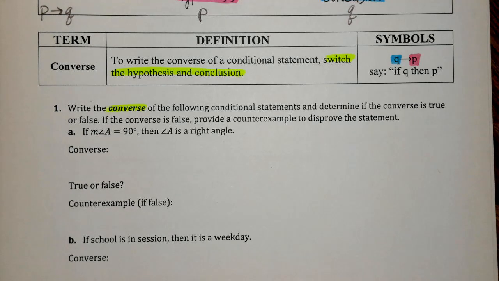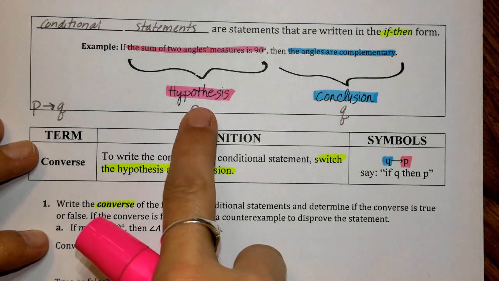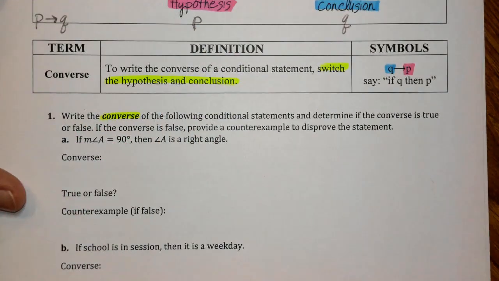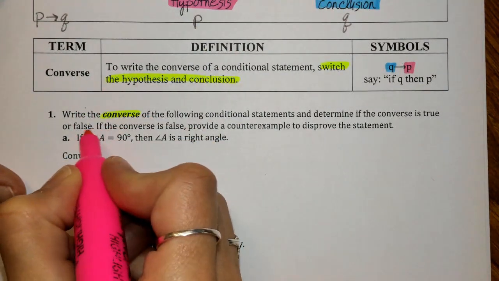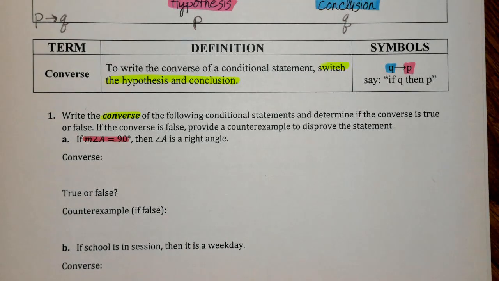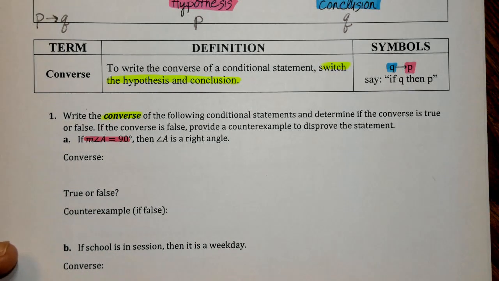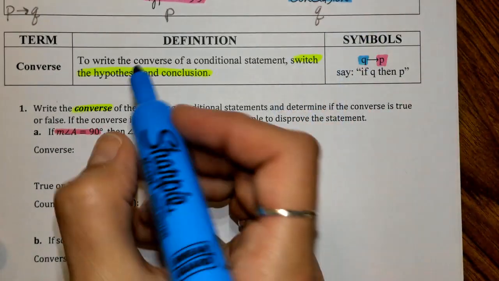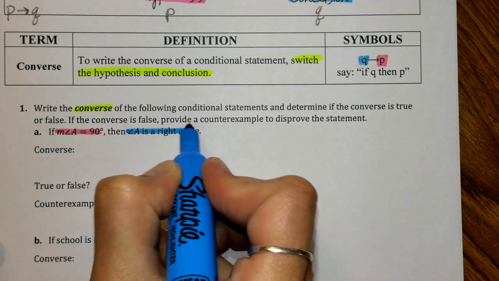A, if the measure of angle A equals 90 degrees, then angle A is a right angle. Get your colors. Original hypothesis, whatever you did your first color with right here, P, we're going to highlight measure of angle A is 90 degrees. Do not highlight the if. Your conclusion, whatever color you did with the Q over here, should be angle A is a right angle.